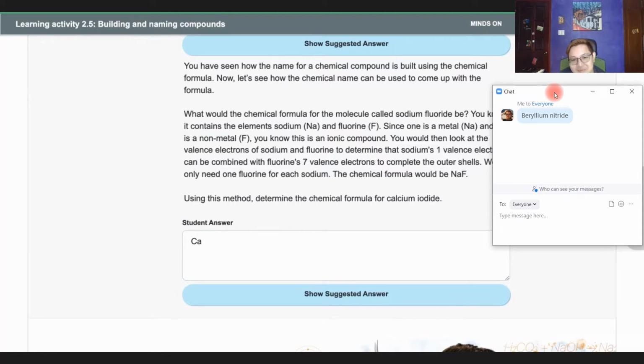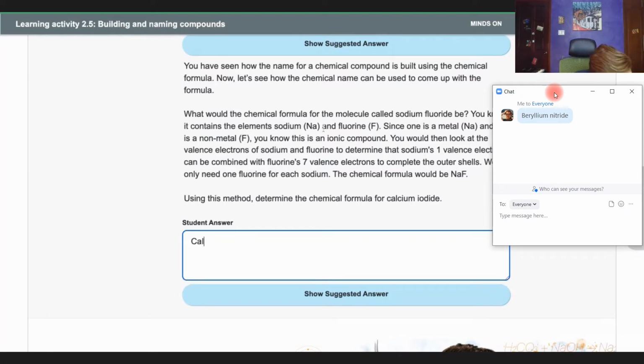Which group? Oh, 7A. Yes, and I is a capital letter I. So how many electrons do they want to give and take?